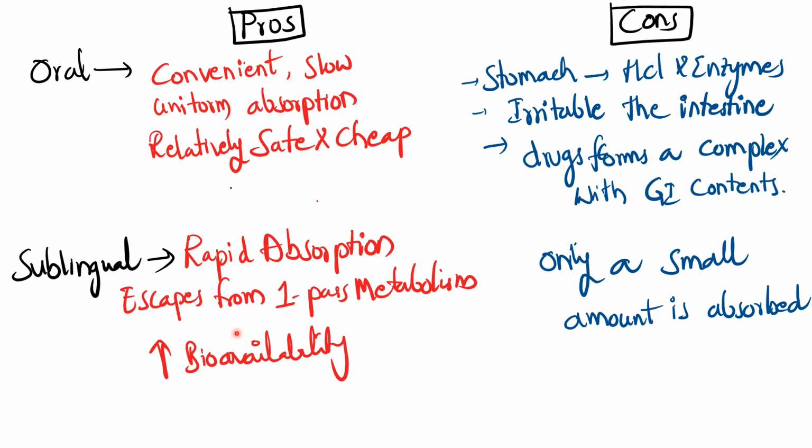By bypassing the digestive system, it directly enters the systemic circulation. It has rapid absorption, escapes first pass metabolism, and increases bioavailability. But only a small amount is absorbed.